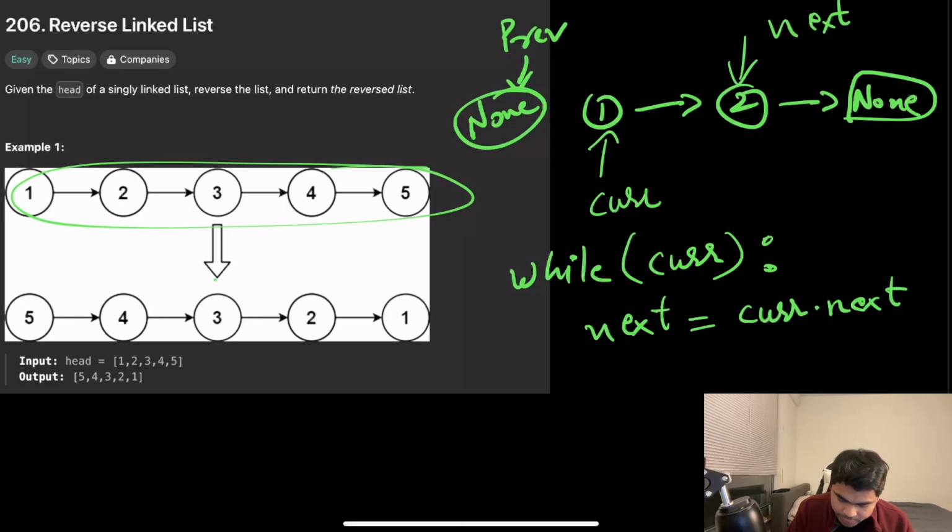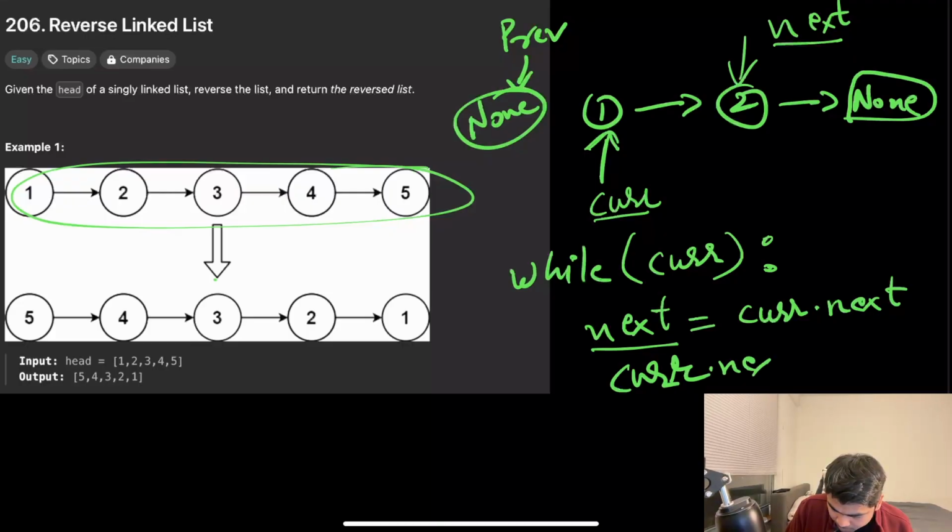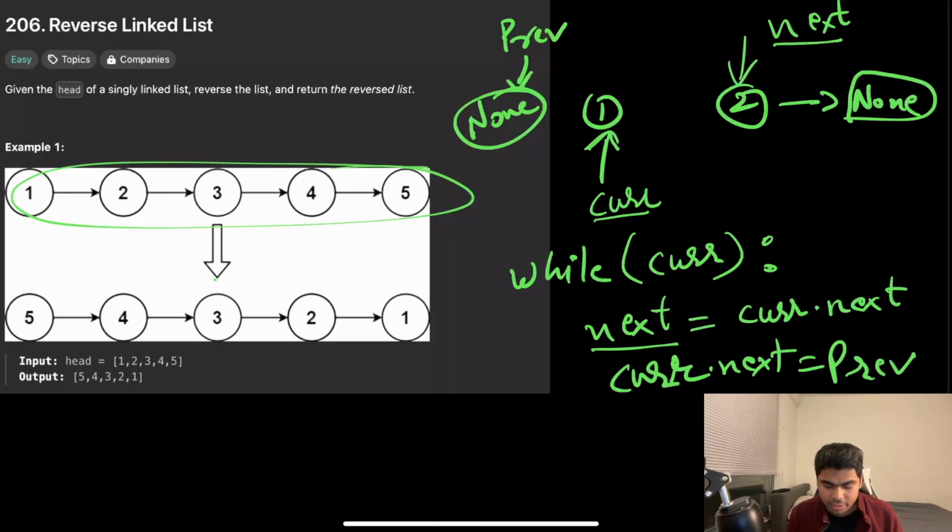So current is pointing over here, and next is pointing to the next node. What I'm going to do is point my current's next to previous. So cur.next would now be previous. I'm getting rid of this pointer. Now we have two linked lists, and then I will point my prev to current.